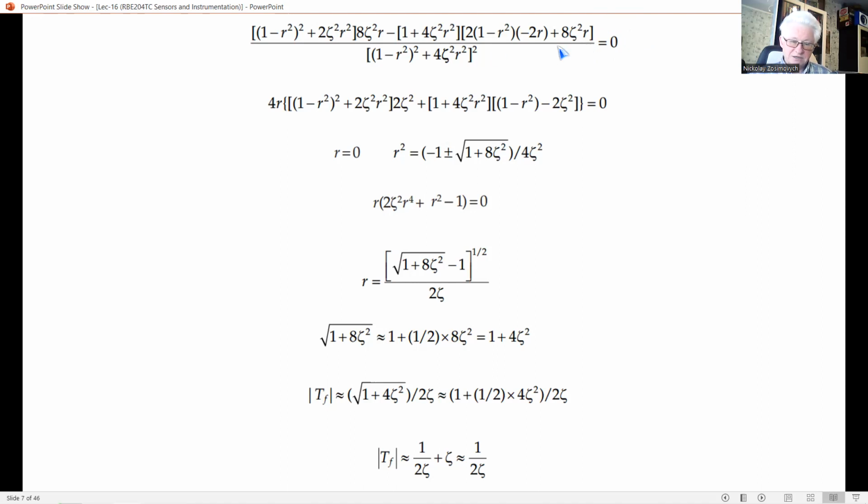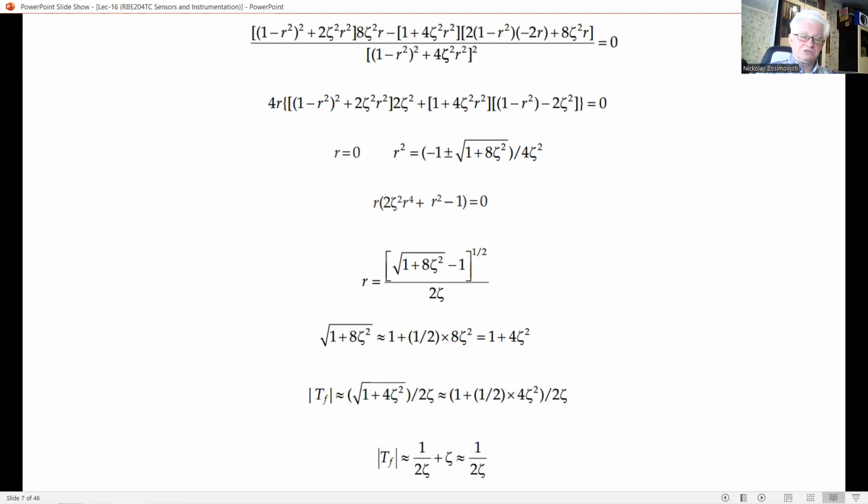And hence, this simplifies to the next expression here. Its roots are r equals 0, and r squared equals this expression. The root r equals 0 corresponds to the initial stationary point, generally speaking at 0 frequency, that does not represent a peak.